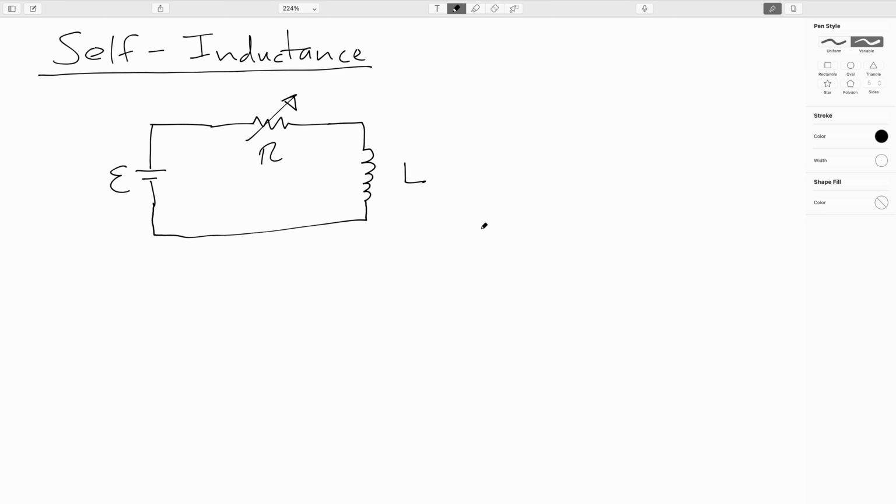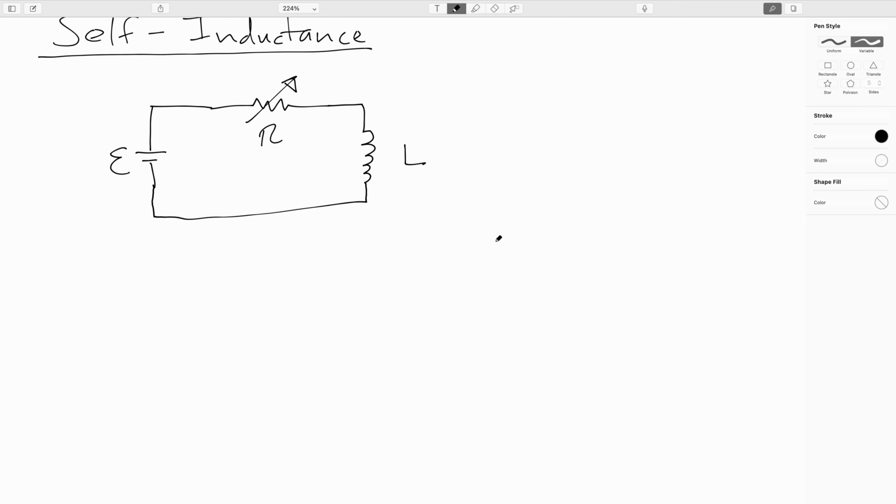All right, so what I'm going to do is imagine here that initially we've got a pretty decent resistance here. And I'm going to ask you what's going to happen to the current through the circuit. We know that since this is the positive terminal of the battery, that's the negative, that the current through the circuit is doing something like this.